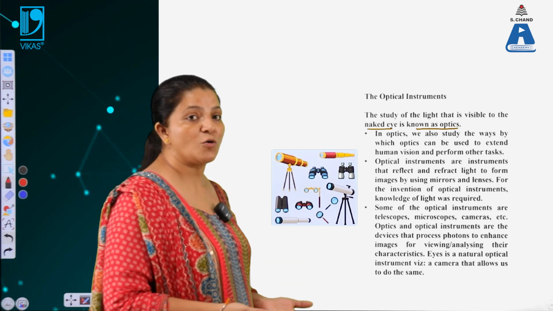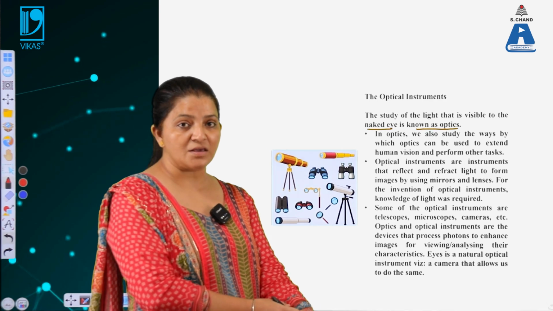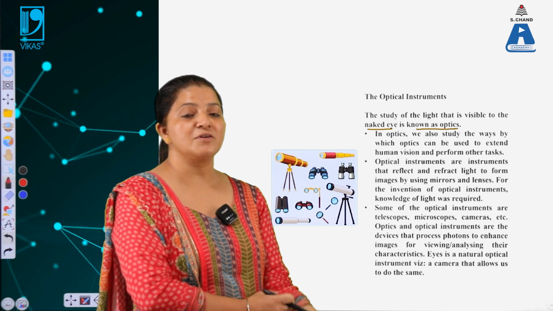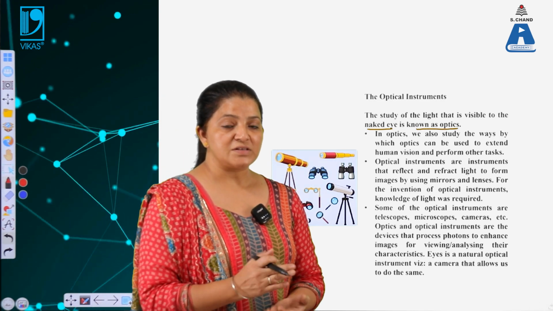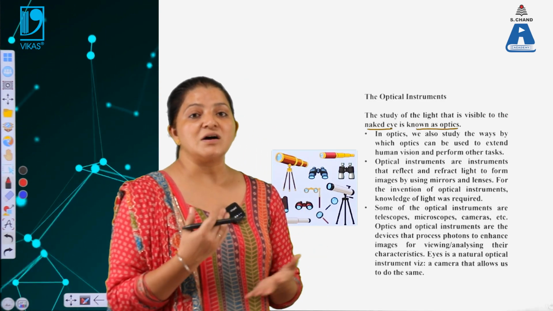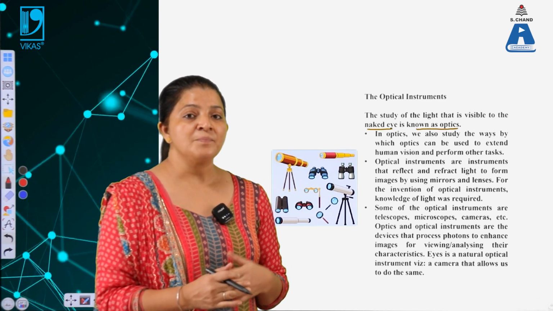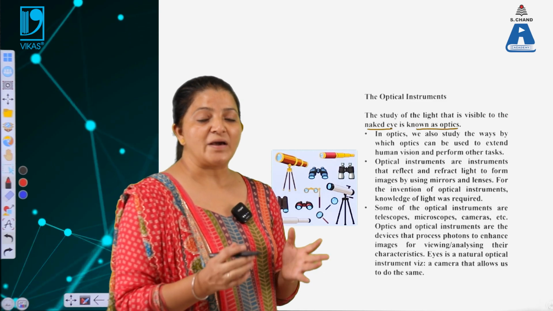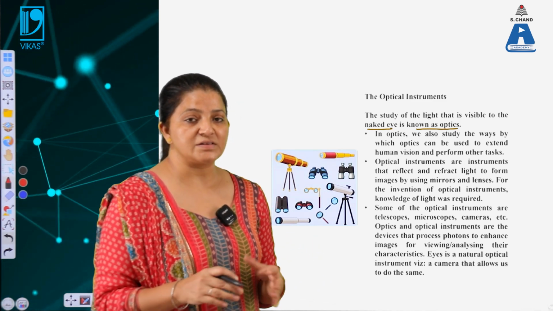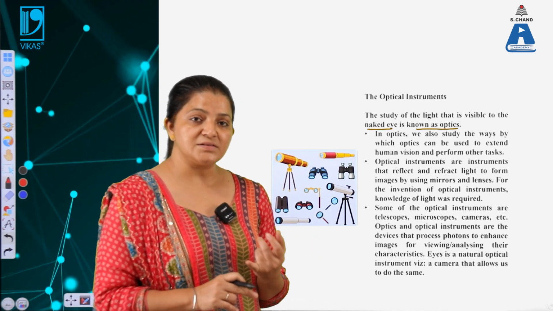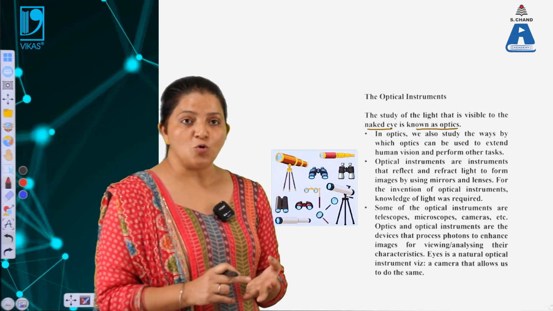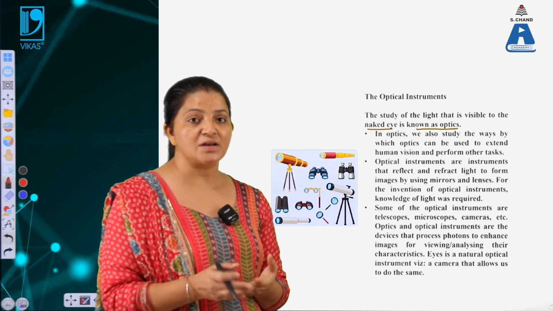How we can see the objects? That can be seen by our eye. And if we are not able to see the objects, then different kinds of lenses are used. Second, if we want to enlarge the image of the object, then magnifying lenses or magnifying glasses are used. By a combination of all these things, like our eyes, lenses, magnifying glasses, different kinds of telescopes and microscopes, these are formed.